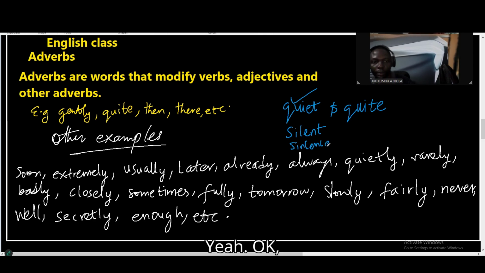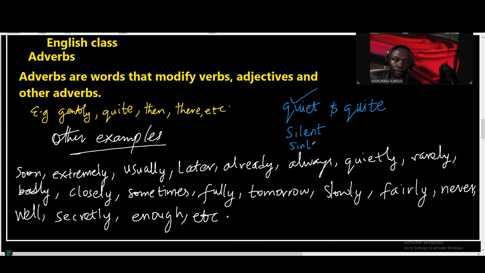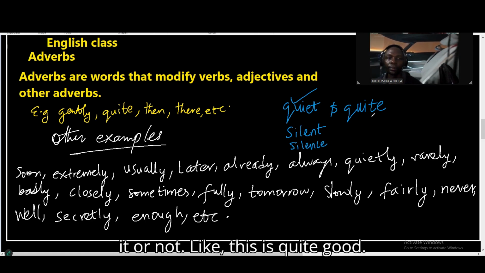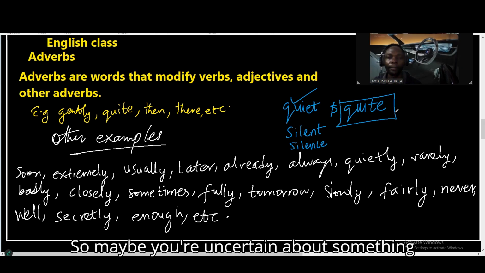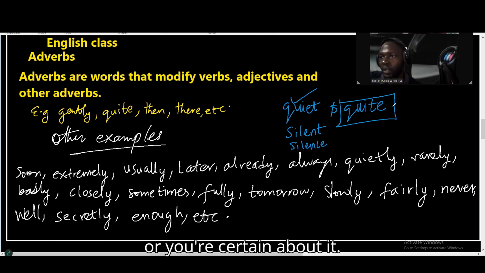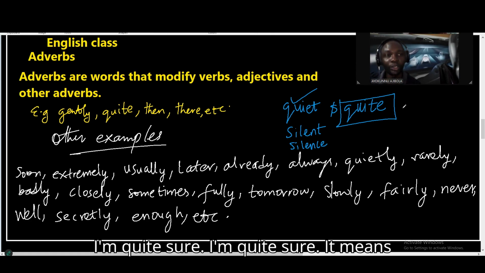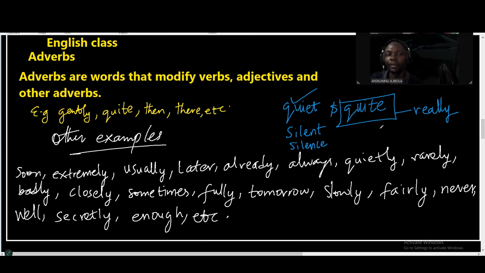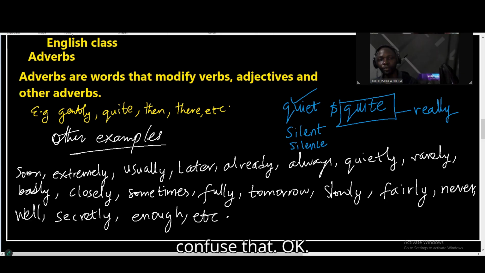Yeah. Okay, and what about the second one? Maybe you're not sure if you like it or not, like, this is quite good. So maybe you're uncertain about something. Or you're certain about it? I'm quite sure means I'm really sure, right? Yeah, you're really sure. Okay, I ask because some students used to confuse that, okay?